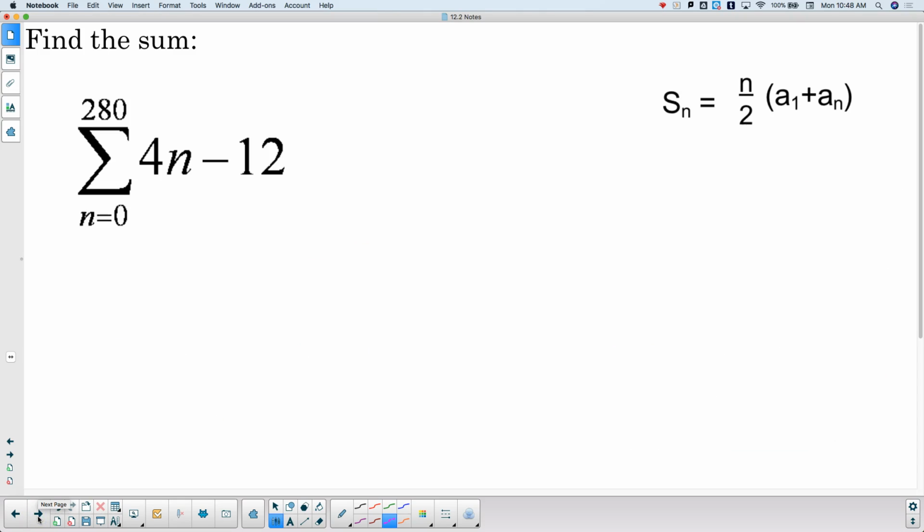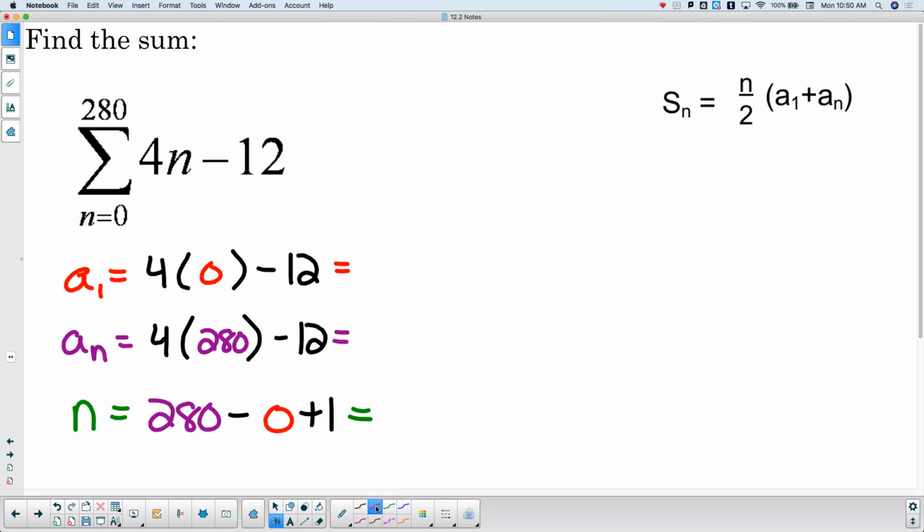One more. Last one. First term I get is negative 12. Last term I get is 1,108.